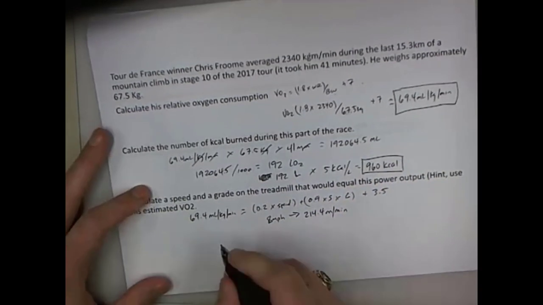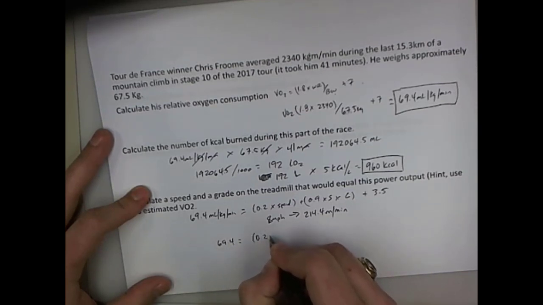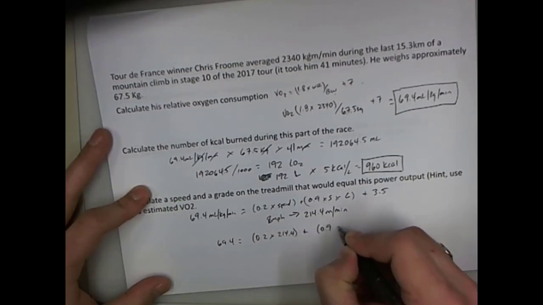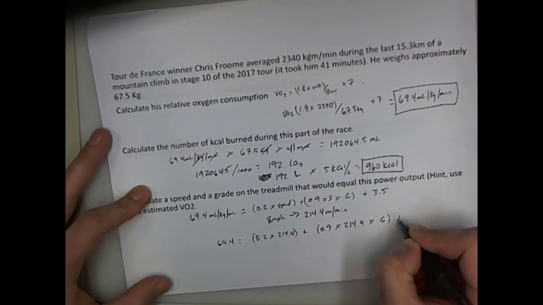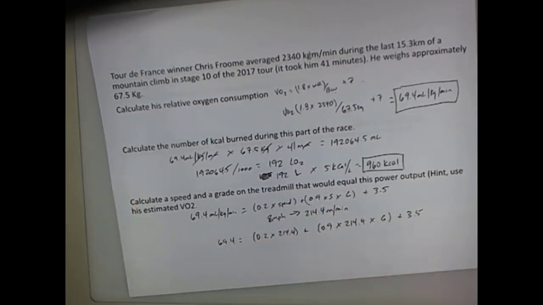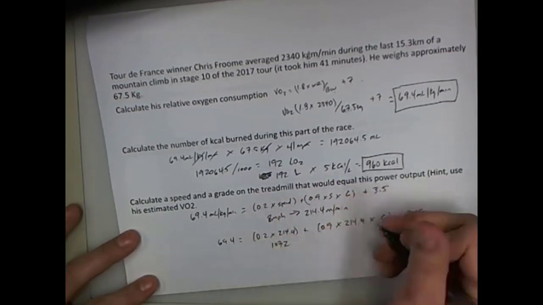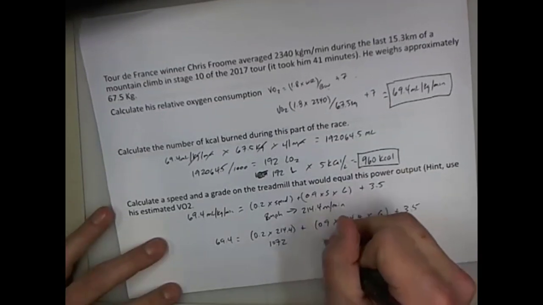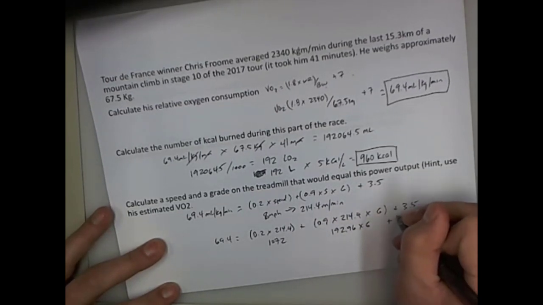We can plug in and get our value. So 69.4 equals 0.2 times 214.4 plus 0.9 times 214.4 times grade plus 3.5. This is 42.84. This is 192.96 times grade plus 3.5.